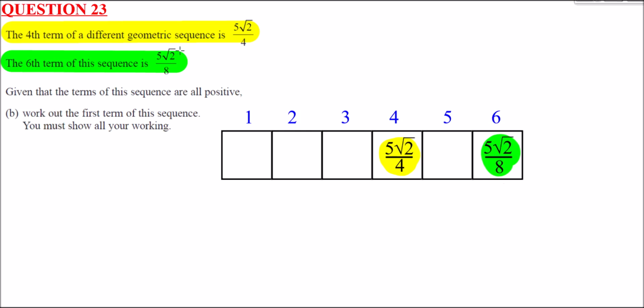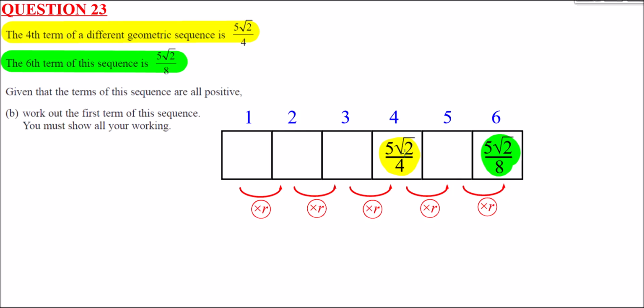But of course, it's still a geometric sequence, which means that to go from one term to the next, we're multiplying by that same common ratio. So we can now see quite clearly that to go from the fourth term to the sixth term, we've multiplied by r once to get to the fifth term. Then to go from the fifth to the sixth, we must have multiplied by r again.